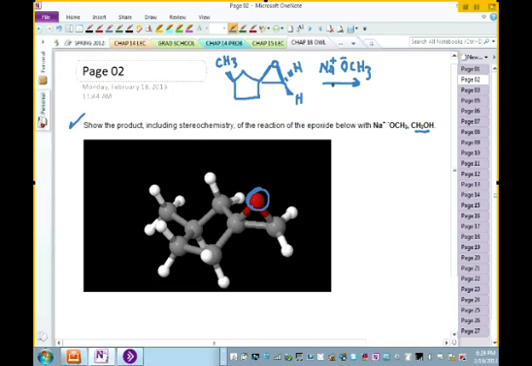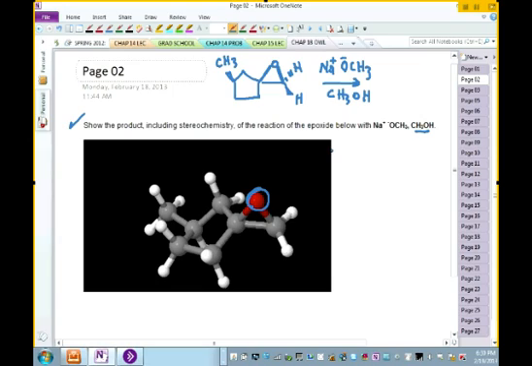That's sodium methoxide. In this case, the sodium ion is just a spectator ion, so you don't need to worry about that. Of course, the solvent is methanol. So show the product of this reaction, including stereochemistry. What they are trying to test in this particular question is two things.